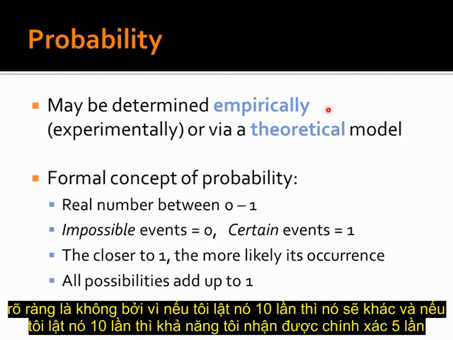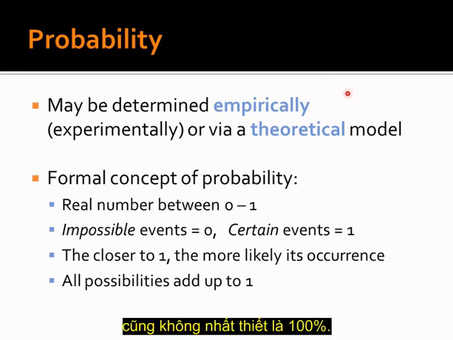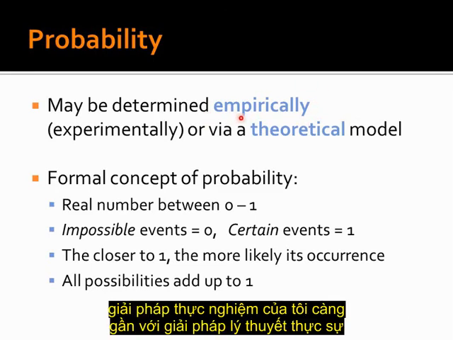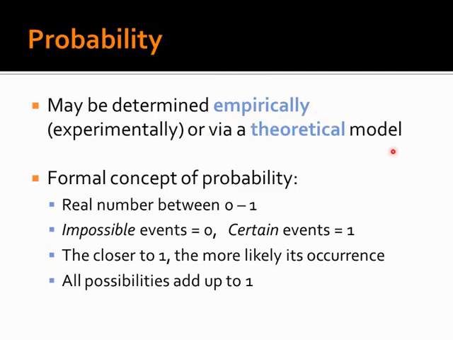Obviously not. Because if I flip it 10 times, it's going to be different. And if I flip it 10 times, what's the chance of me getting exactly 5? Well, not necessarily 100% either. If I flip it 1,000 times, 10,000 times, and so on and so forth, the larger the number of trials I do, the closer my empirical solution is to the actual theoretical one.